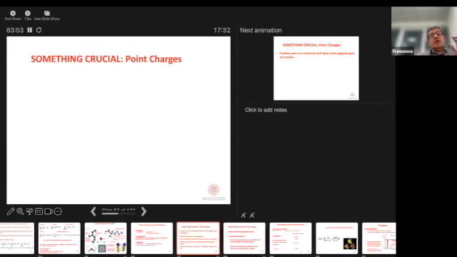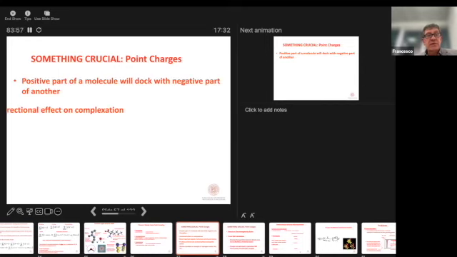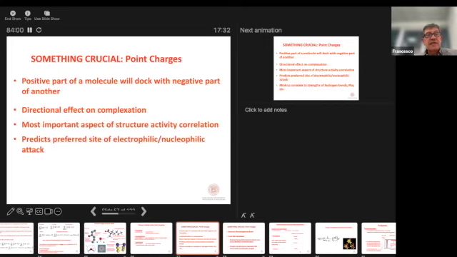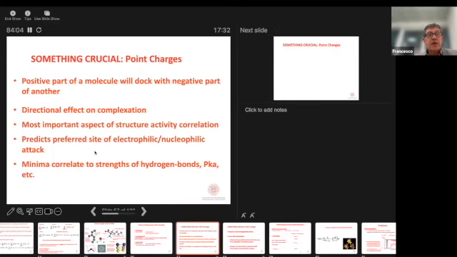There is a really fundamental thing that is important, and these are the local charges that I mentioned before. The local charges are crucial because when we have non-bonding interactions, of course, the positive charge will have to go to the negative charge.